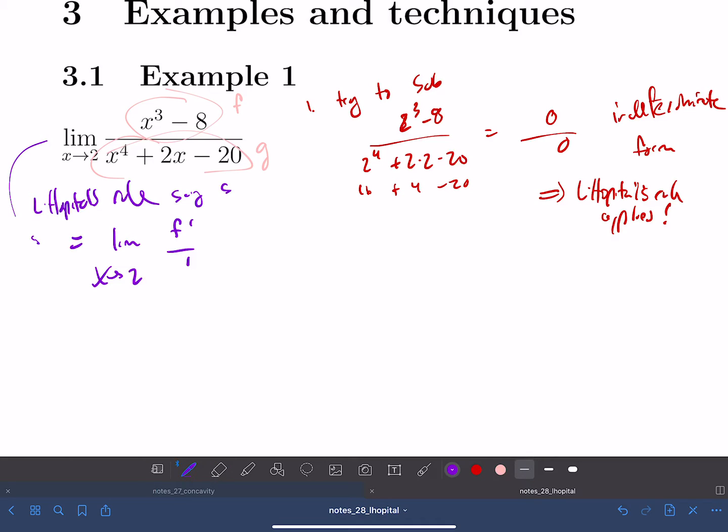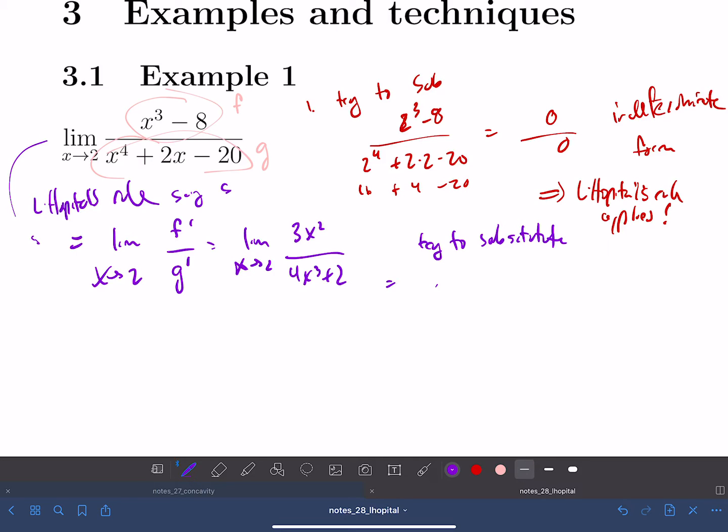Let me try again. So that's the limit as x approaches 2 of 3x squared over 4x cubed plus 2. And now we're going to try to substitute. Don't mind my misspelling there.